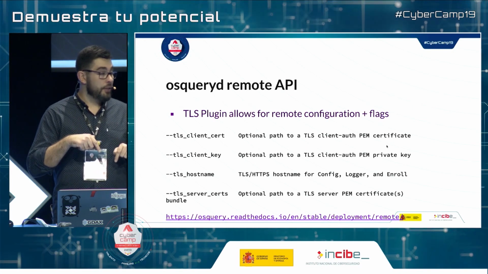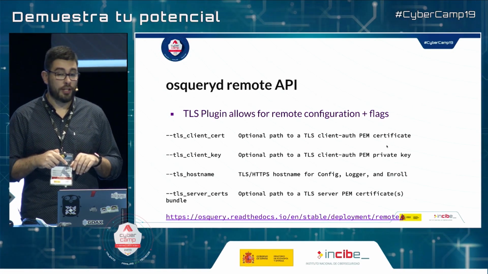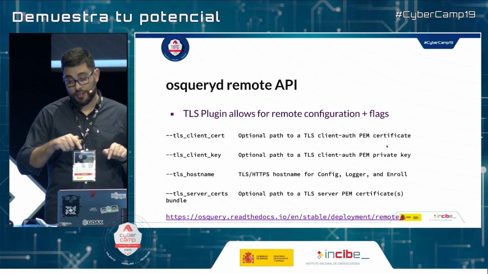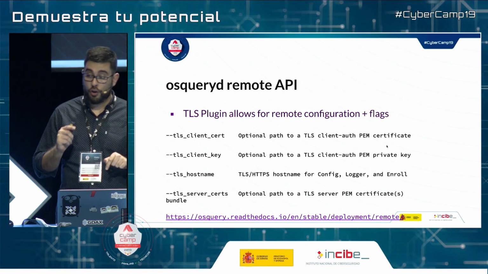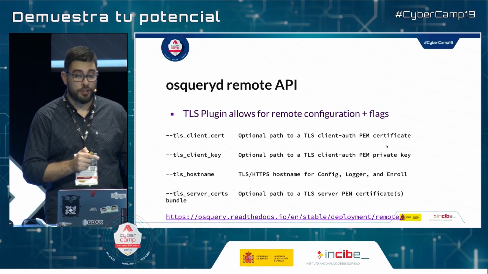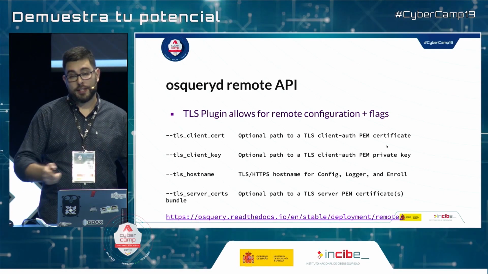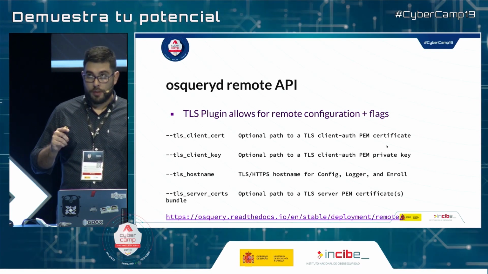I'd like to point out that the TLS endpoint is called that because osquery can only use a TLS endpoint. It was done like that right from the beginning, so that there were no opportunities for logs that use a lot of sensitive information to go around on the network.